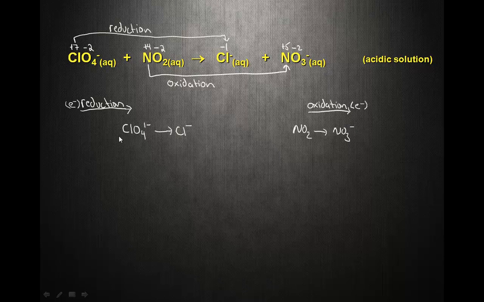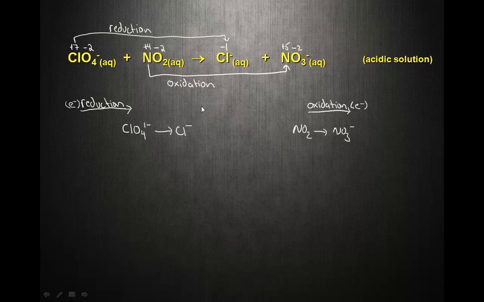What we want to do first in here, and this isn't an example of one, is balance any other atom besides oxygen or hydrogen. So we have our chlorines balanced, which is good, and we've got our N balanced, which is good. So what I'm saying in 4 is not applying in this particular case.